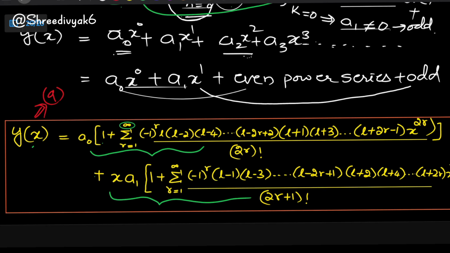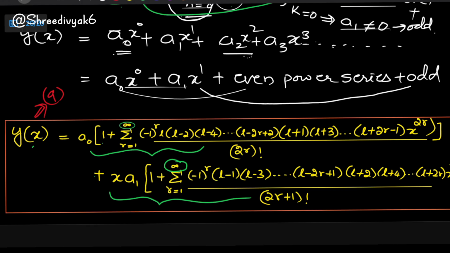This summation is up till infinity. I am getting the terms here. I may get the even power series and odd power series. But we need a finite series as a solution to the Legendre differential equation, right?